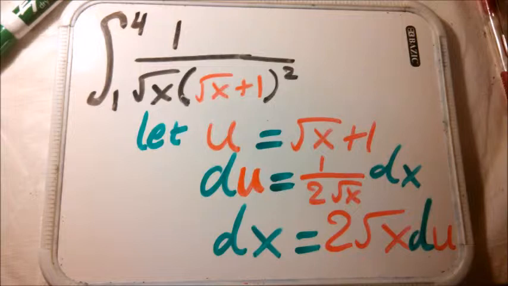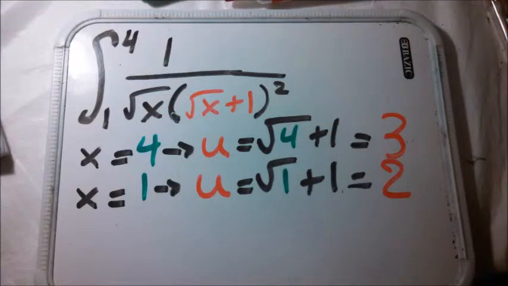For this problem, the simplest part would be the root x plus 1 inside the square. So we let u equal root x plus 1, then we take the derivative. It becomes du equals the derivative of root x, which is 1 over 2, times 1 over root x dx. Again, we have to solve for dx, which becomes dx equals 2 root x du.